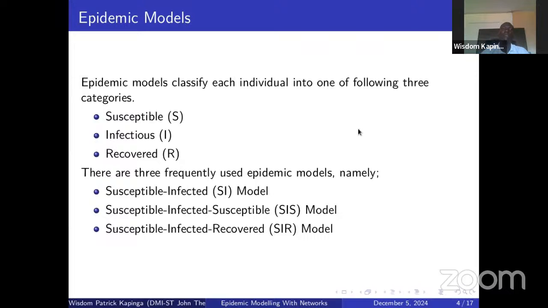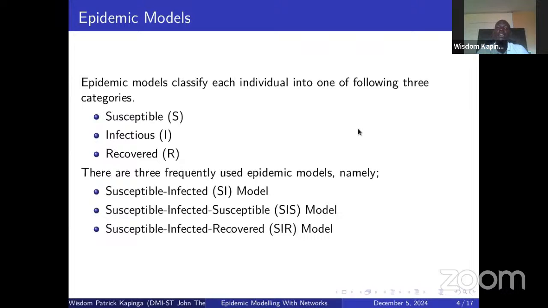Susceptible individuals are those in danger of getting infected in the population. For example, I might be healthy today, but if there is an outbreak, I might be in danger of getting that pandemic.